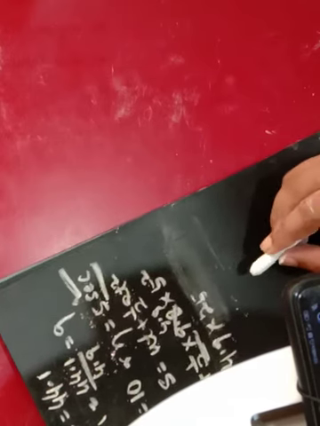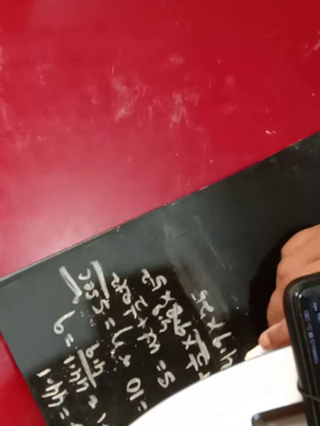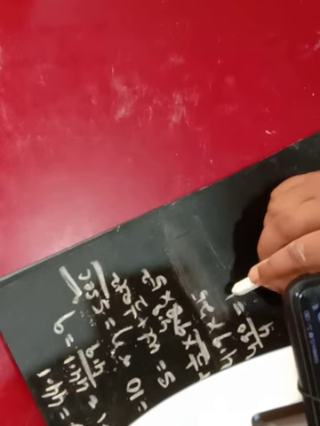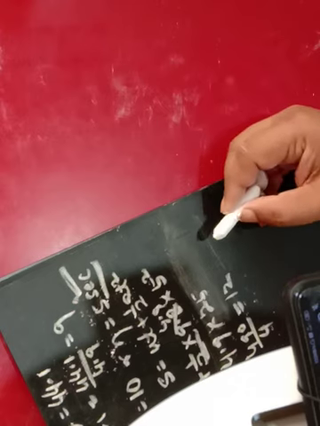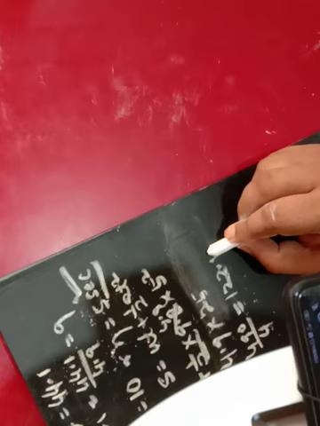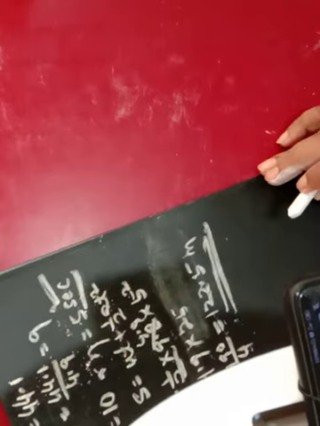So 4.9 into 25, if you multiply it with 100, you get 490 by 4, that is 122.5. So the height of the tower is 122.5 meter.